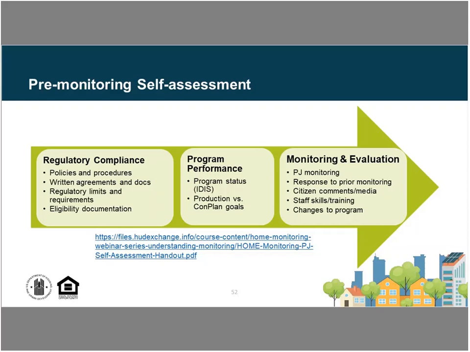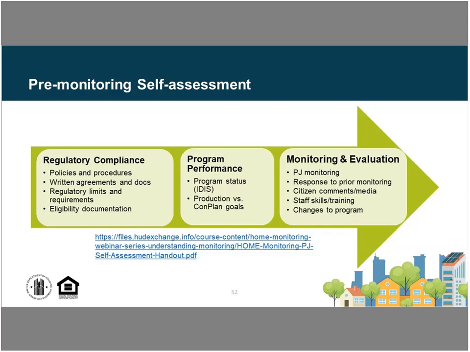The PJ itself has an ongoing responsibility for monitoring not only itself, but also its subrecipients, developers, CHDOs, and so making sure that those systems not only are being used, but that you've got good documentation of that oversight happening, including when you identify weaknesses or non-compliance, that those responses have been followed up on, and you've got documentation in that. HUD may be asking you about citizens' comments, media reports, and evaluation about your staff skills and training.